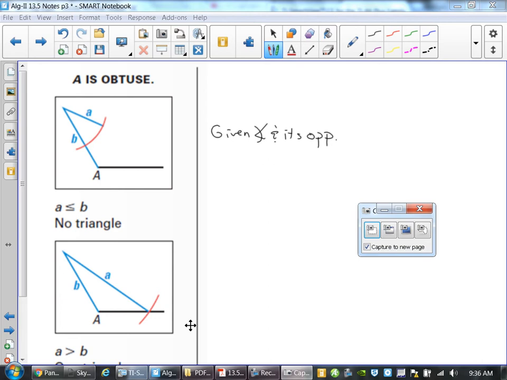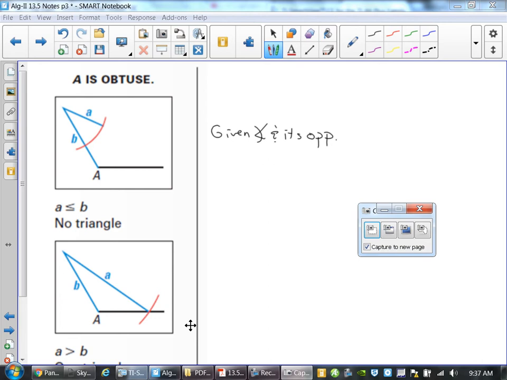So if you're given an angle and its side opposite, well, if the given angle is obtuse and the side opposite it is smaller than another side, it can't work because the biggest angle has to be across from the largest side length. If you have an obtuse angle and the side opposite it, if the other side is larger, that means the other angle would have to be larger. Can you have more than one obtuse angle in a triangle? No. That's where this stems from.